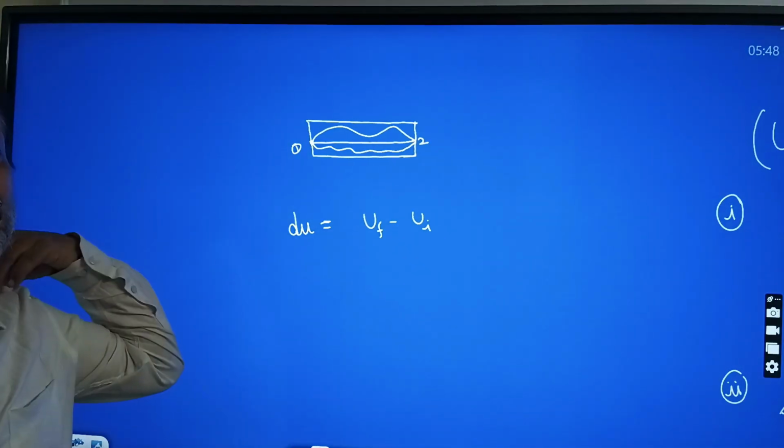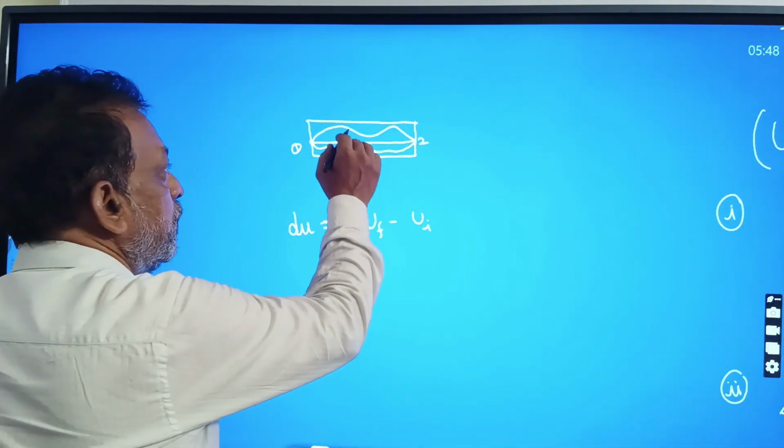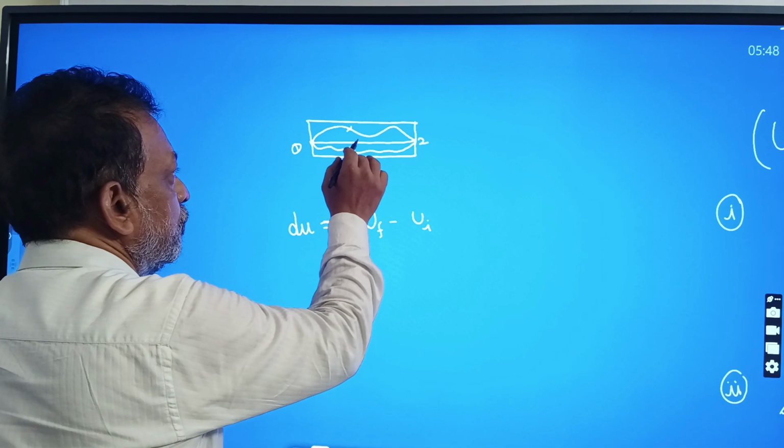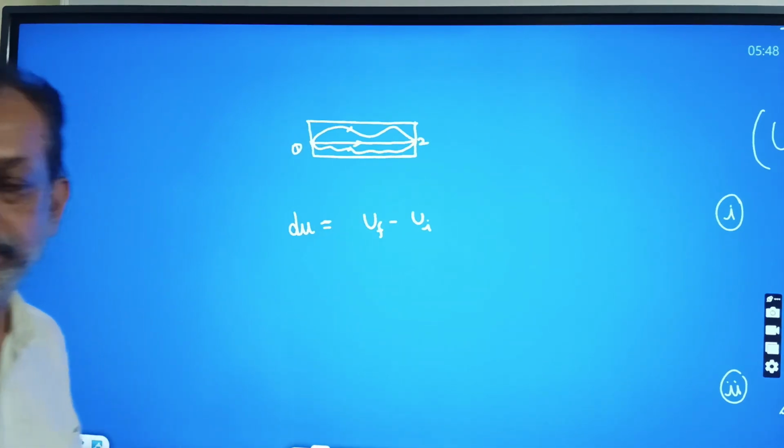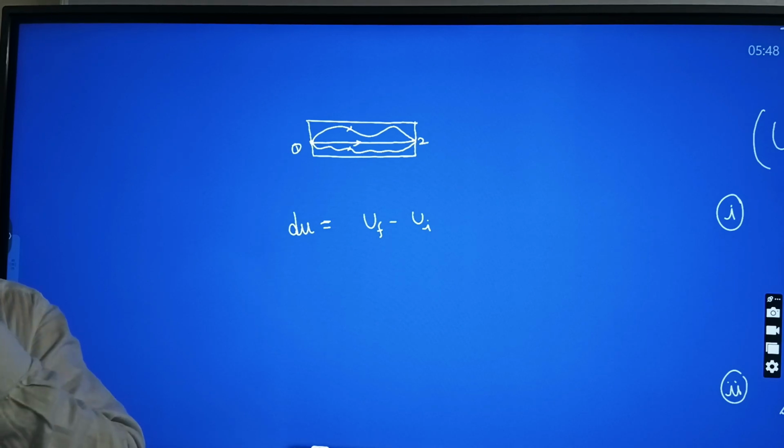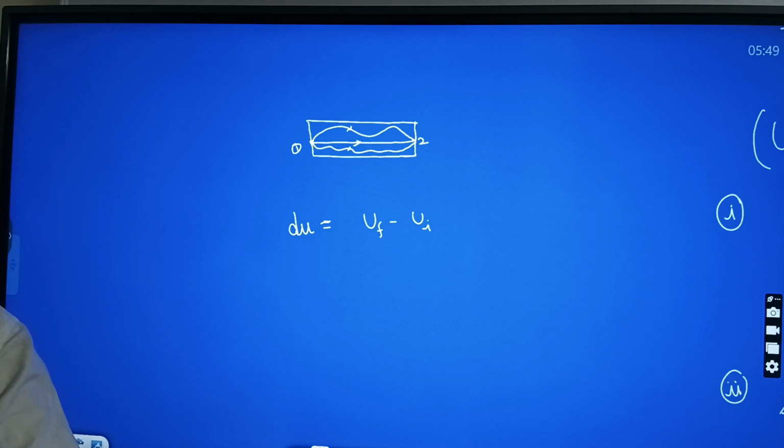So this is path independent, also called a point function.